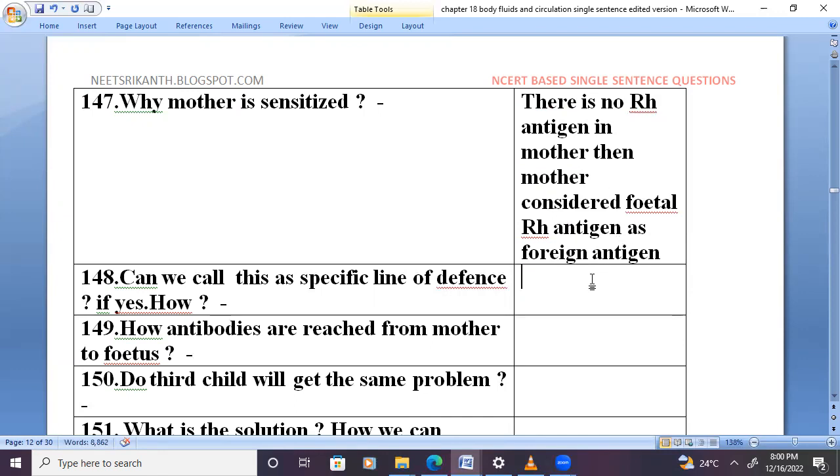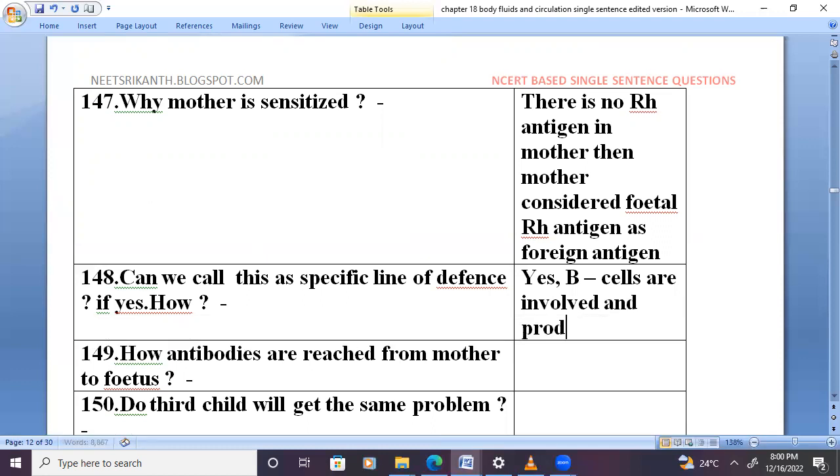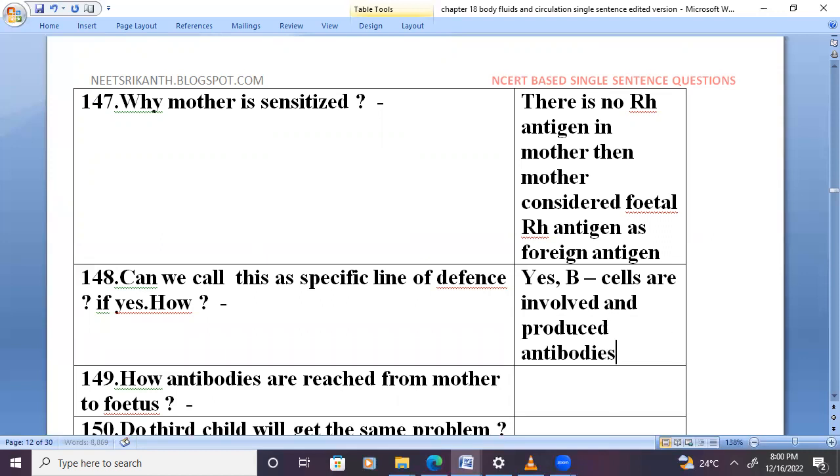Can we call this a specific line of defense? If yes, how? Yes, it is a specific line of defense. B lymphocytes are involved and produce antibodies. They produce antibodies, which means they will have memory cells.